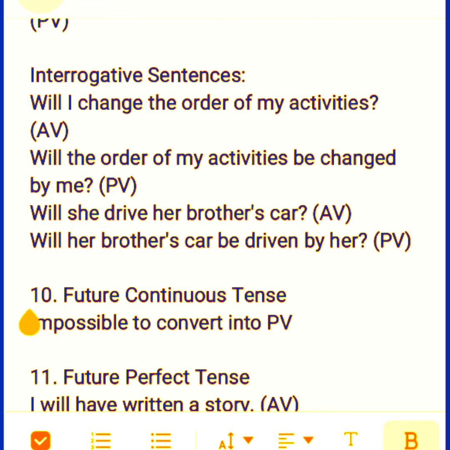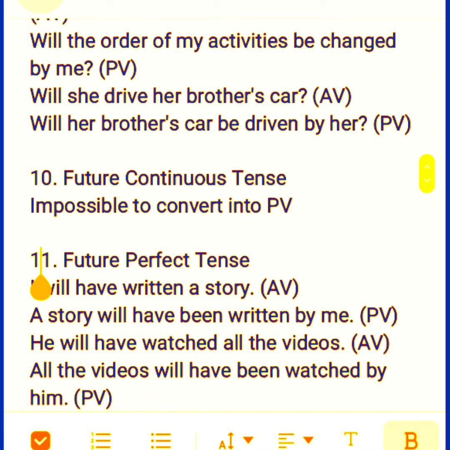Number 10, future continuous tense. This future continuous tense is not possible to convert into passive voice. Impossible to convert into passive voice. Number 11, future perfect tense. I will have written a story. In future perfect, there is already the third form of the verb, which we use in passive voice.